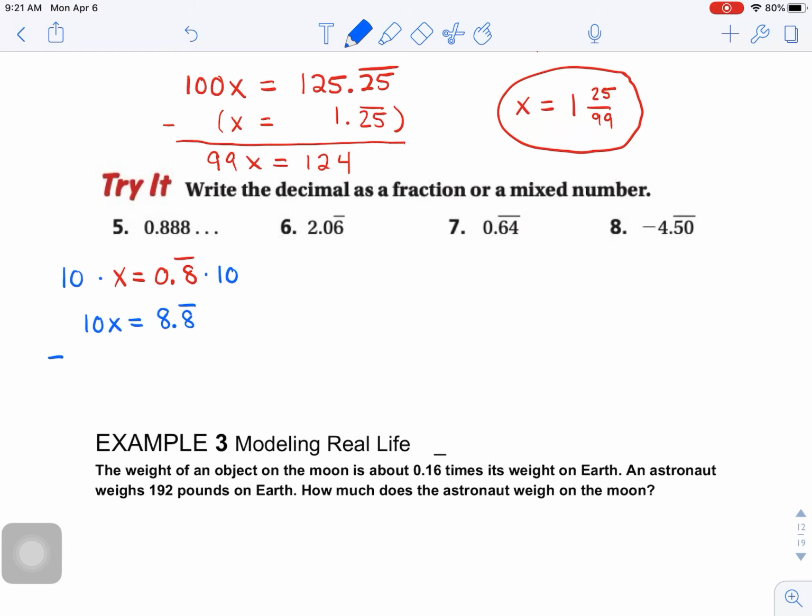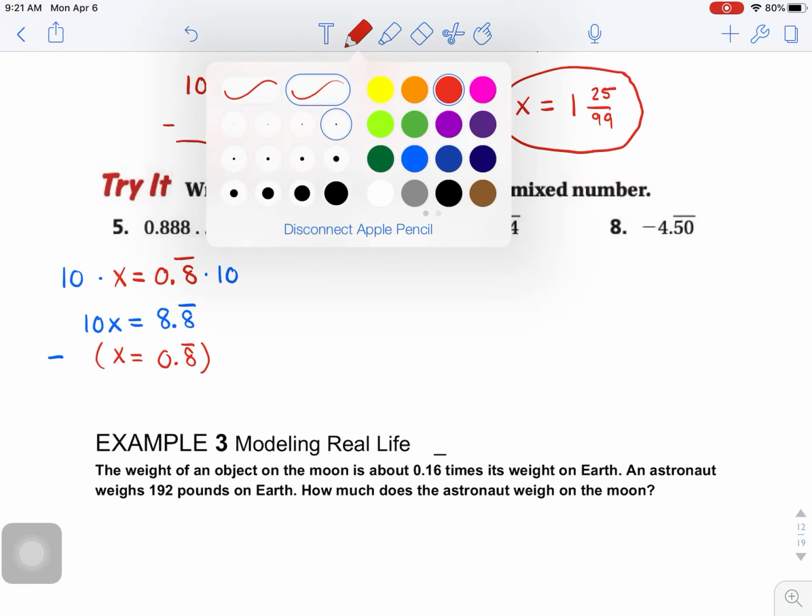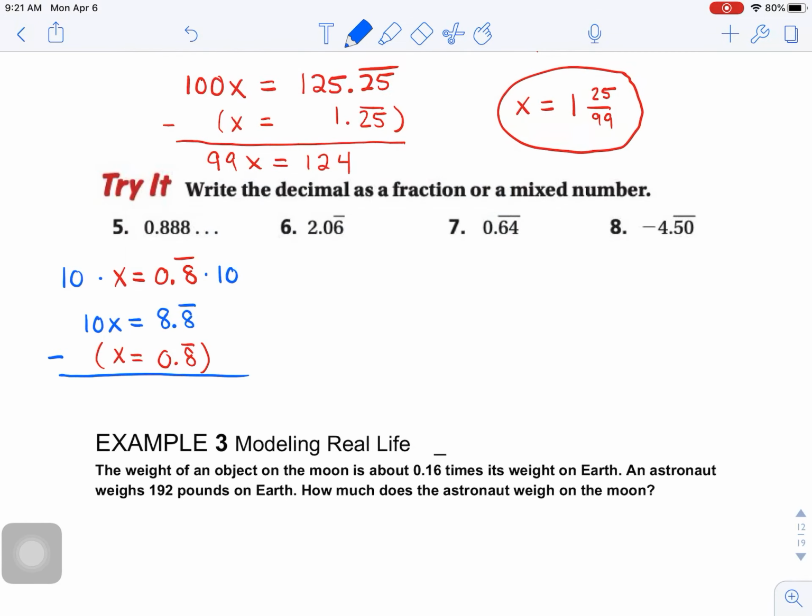Then remember I subtract the original, which was that piece in red. When I do my subtraction, I get 9x equals 8. Divide both sides by 9, so x equals 8 over 9.